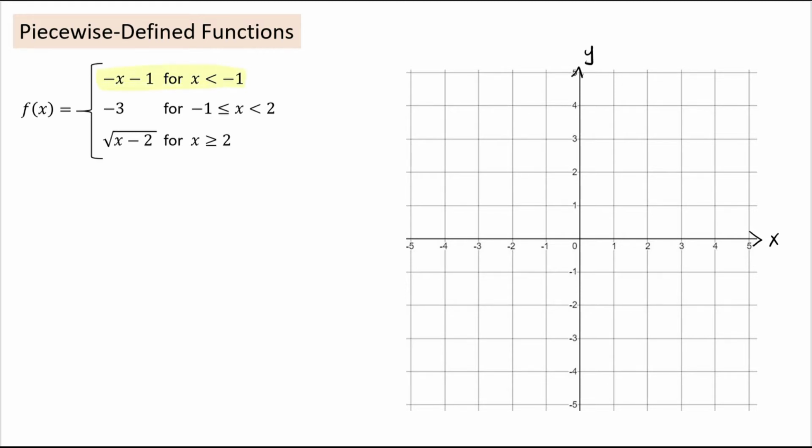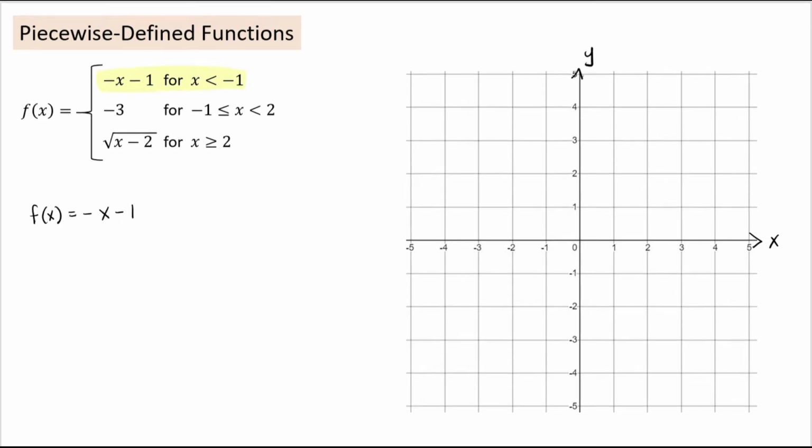than negative 1. This is a line in slope-intercept form, which is y is equal to mx plus b.